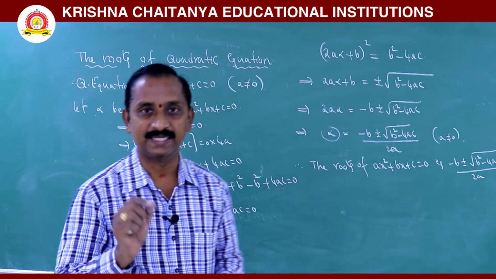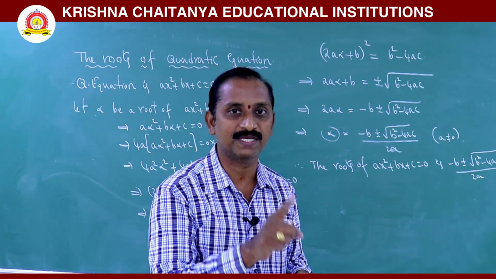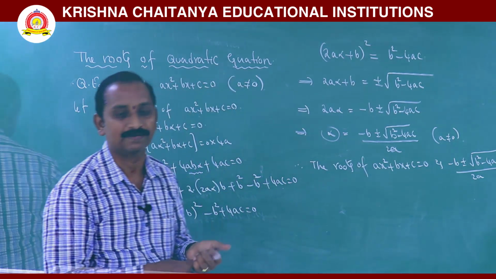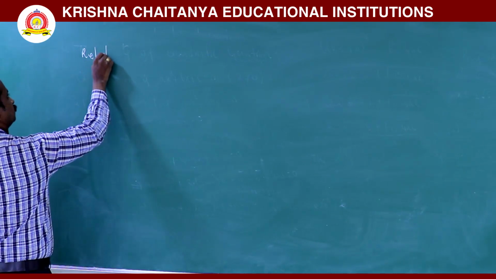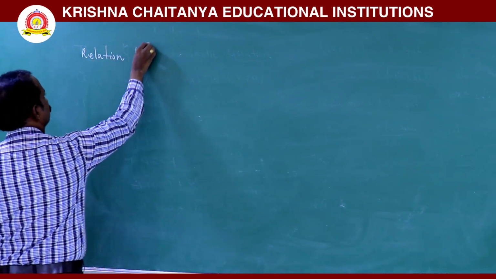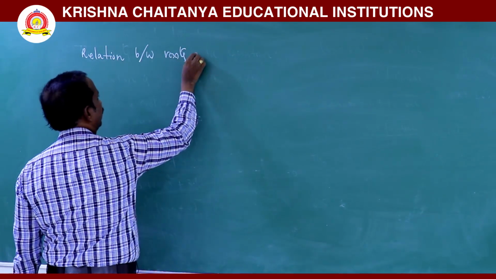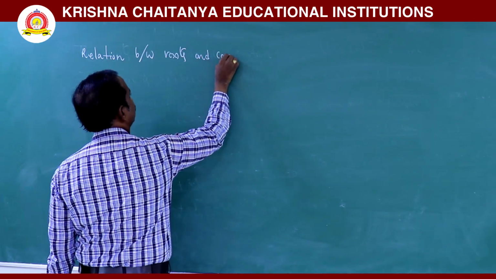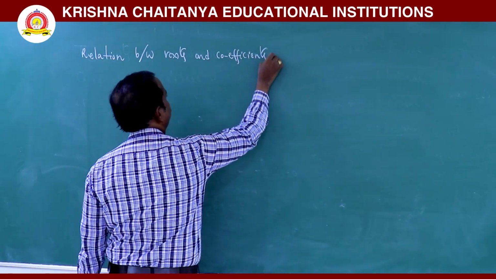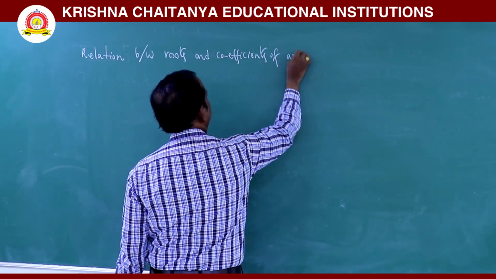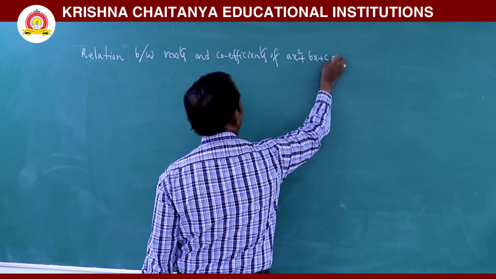Now we discuss the relation between roots and coefficients of ax square plus bx plus c is equal to 0.